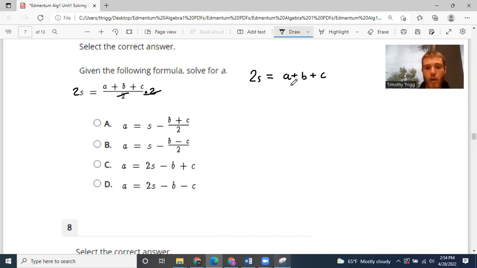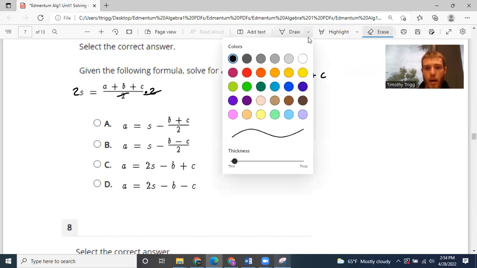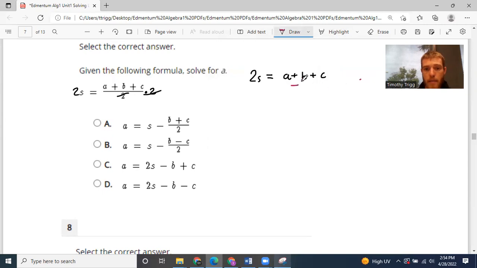So I'm going to subtract B on both sides, as well as subtracting C on both sides. I'll just do them both in one step. Here, subtract B and subtract C on both sides, right?